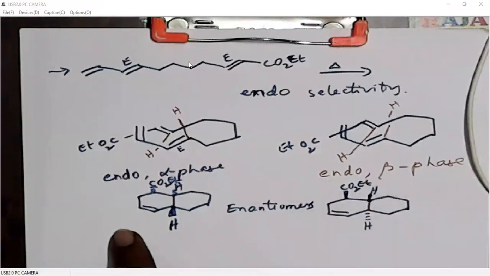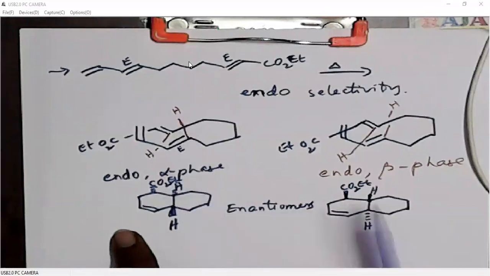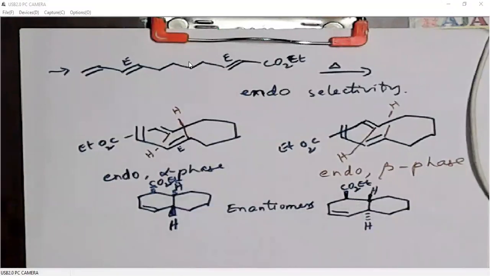Accordingly, the hydrogen in the same plane as CO2Et must be below the plane here, and above the plane there. So these two are enantiomers. That means we will get a pair of enantiomers with endo selectivity, and also a pair of enantiomers with exo selectivity. For simplicity, first we have written both exo selectivity and endo selectivity. Okay, there we have ended the problem.